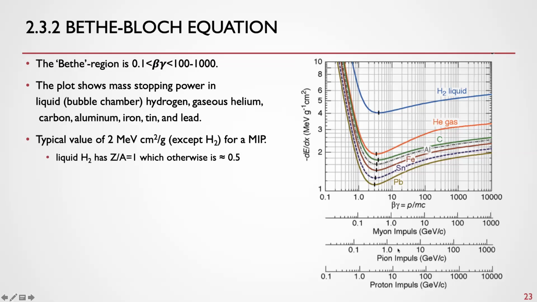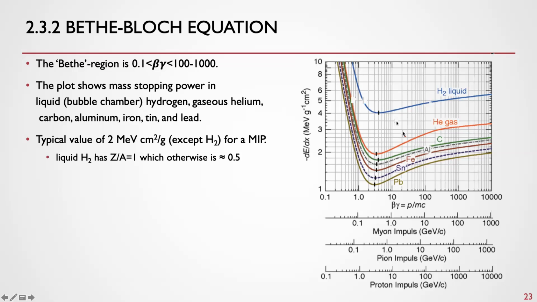One thing you may note is that liquid hydrogen sticks out. It has a much higher energy loss, but that's because we talk about density normalization here. And the number of protons per unit density is highest for hydrogen because hydrogen has no neutrons. That's the reason why hydrogen is higher here.